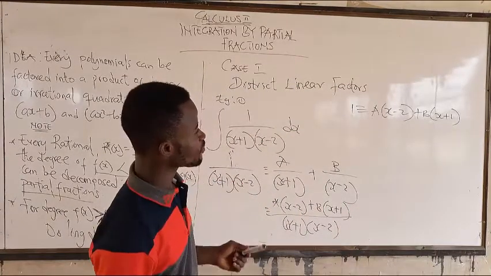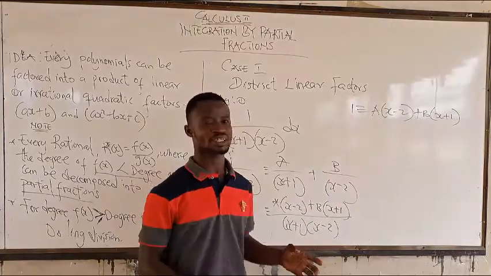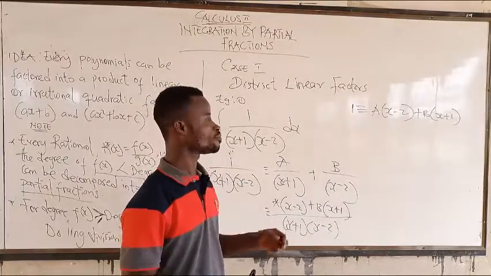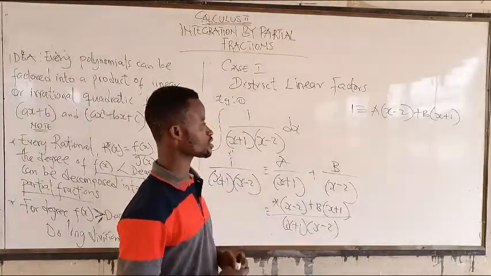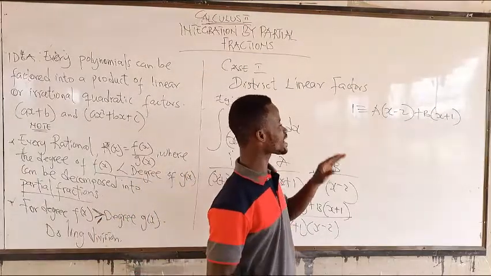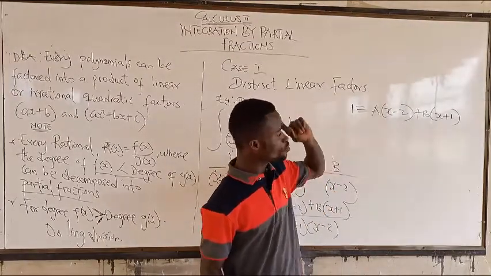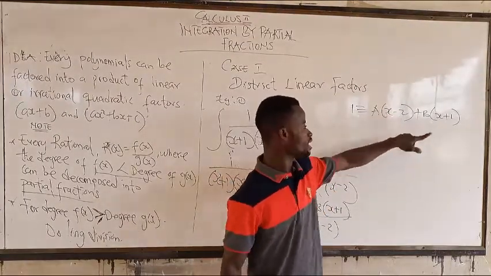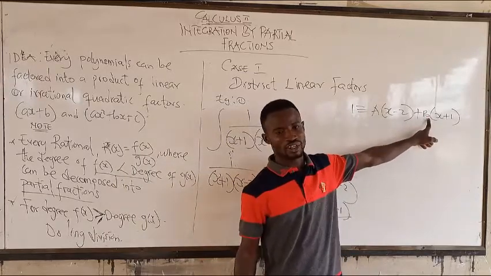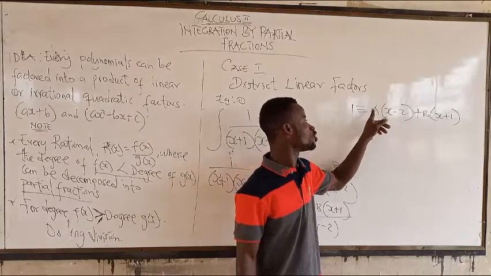Now after getting this, we have two methods to do it: the elimination method or the substitution method. By the elimination method, you ask yourself, what should I put S to be that can get rid of A or B? When we put S equal to 1, here will be 2, and that will not get rid of B. That will not get rid of A either.